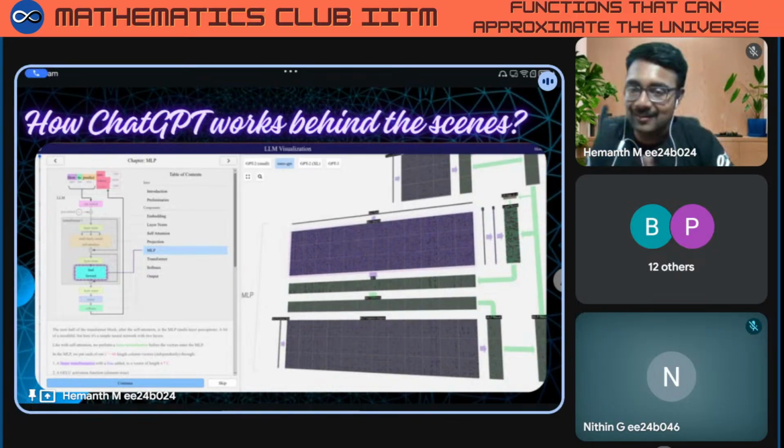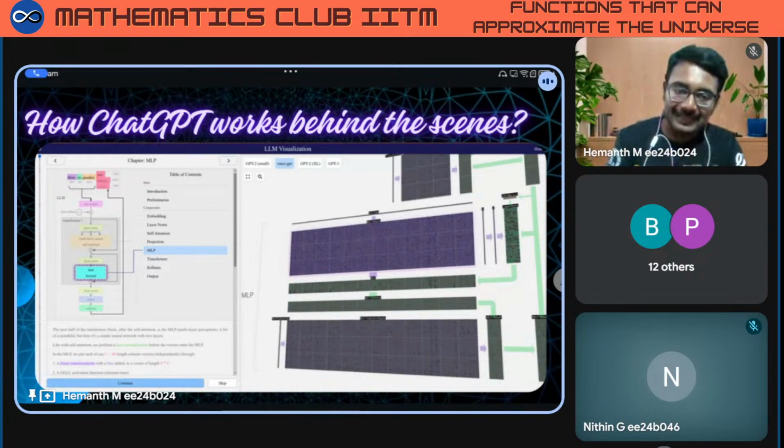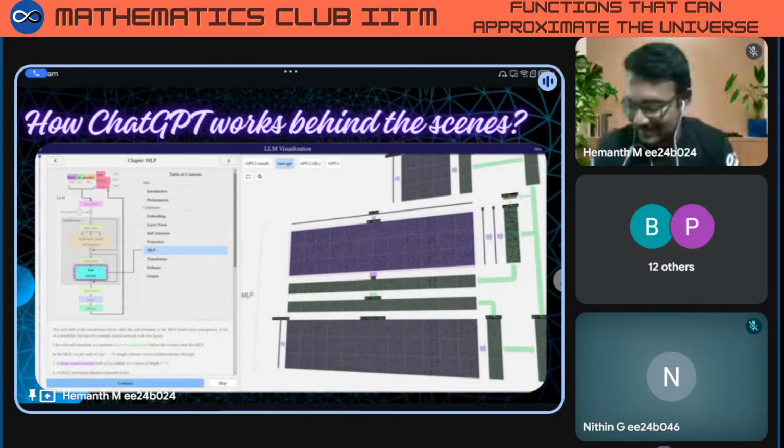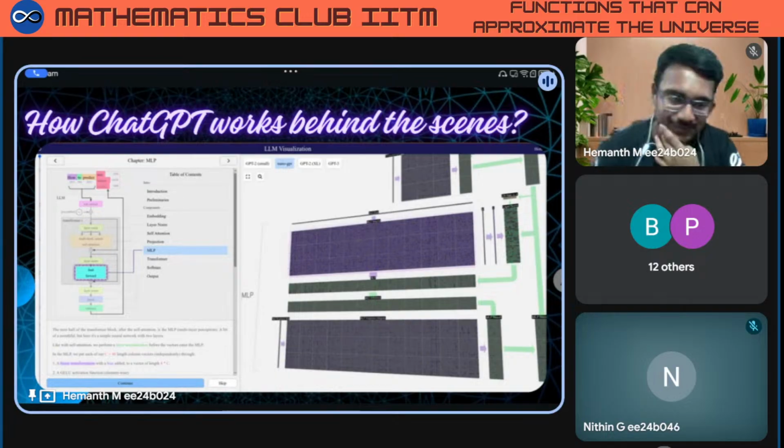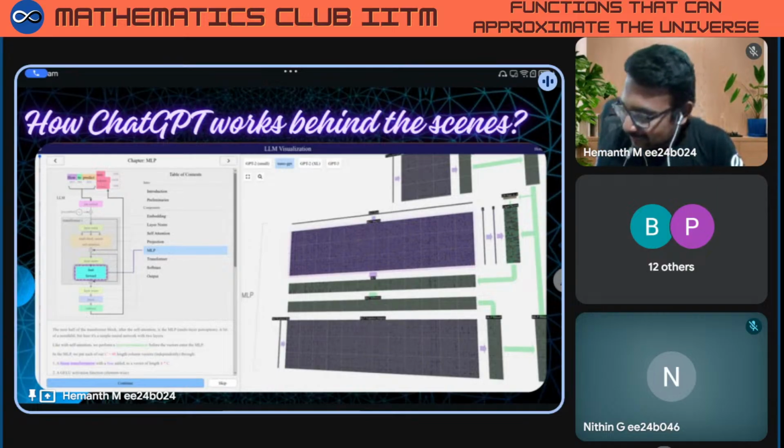There's also a nice analogy: these attention heads learn the language, and this MLP learns the knowledge of this world. I don't know if you guys got that. Even if you didn't, it's fine. We require so many numbers in order to learn the entire world's knowledge. That is why two-thirds of ChatGPT's parameters lie in these MLP layers. So I hope you got to know how powerful these MLPs, or neural networks, are.